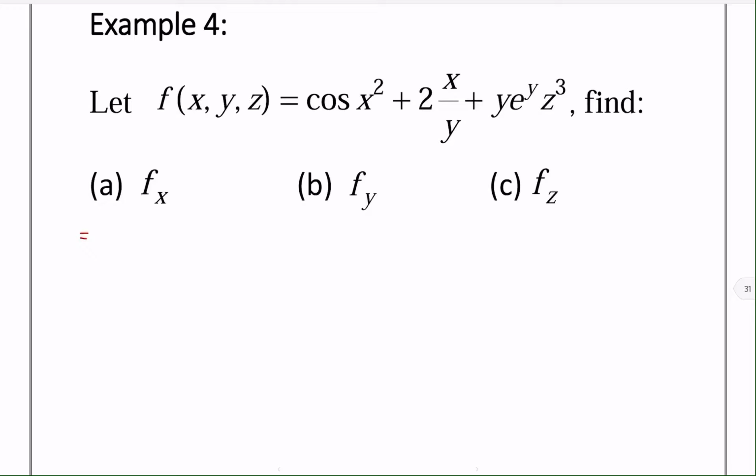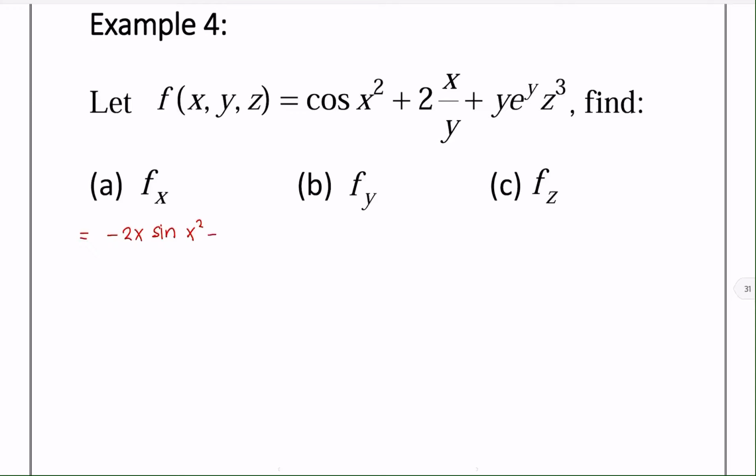Differentiating cos gives negative sine, and then differentiating x squared gives 2x, so we have negative 2x sine x squared.